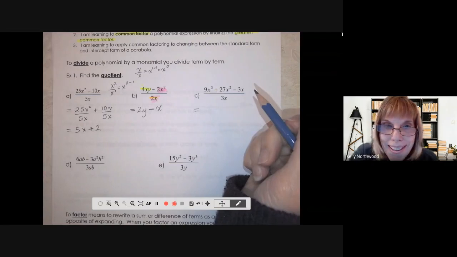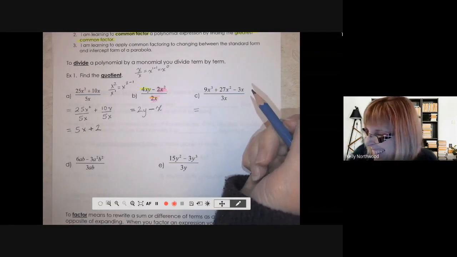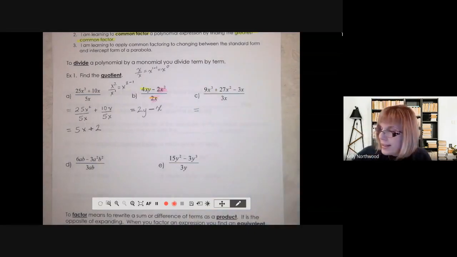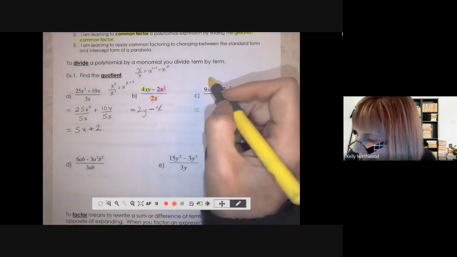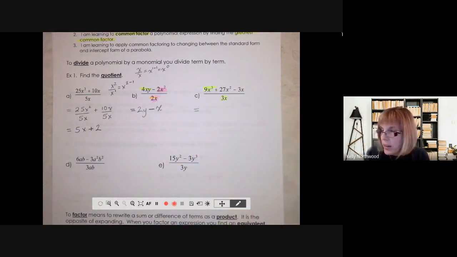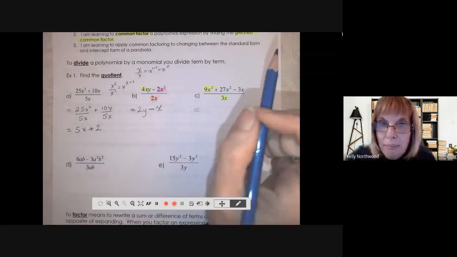Unmute yourself if you think you know. Nobody? All right. How about just 9x cubed divided by 3x? Anyone think they know that?